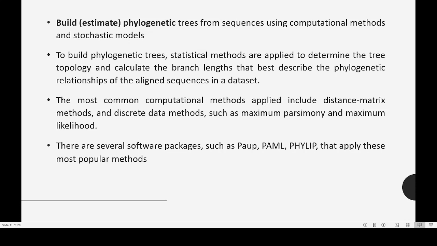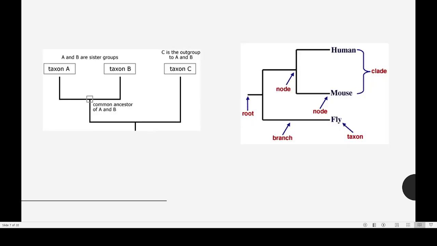So to build a phylogenetic tree, statistical methods are applied to determine the tree topology, that is, how the branching of the tree should be. That is the meaning of topology. Then calculate the branch length. How much is the length of this branch? How much further this branch may be from the common origin?